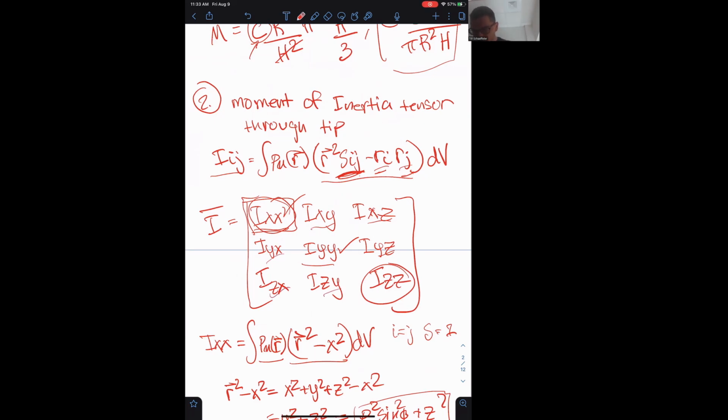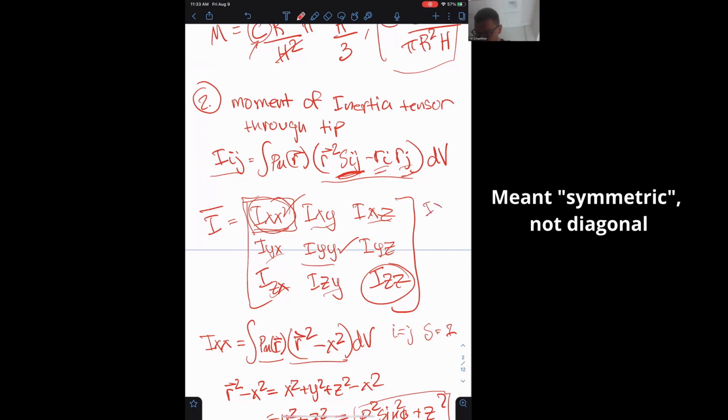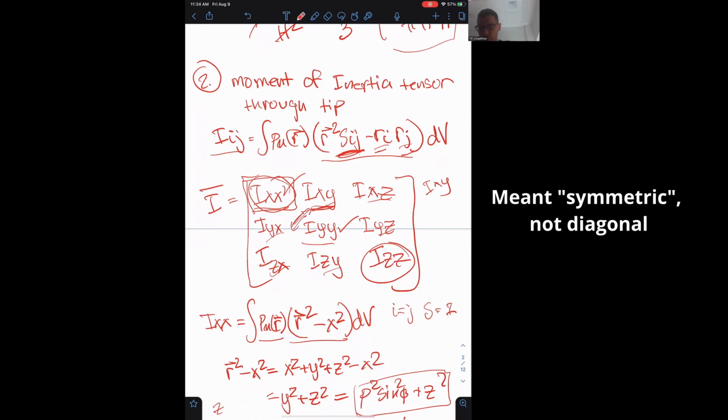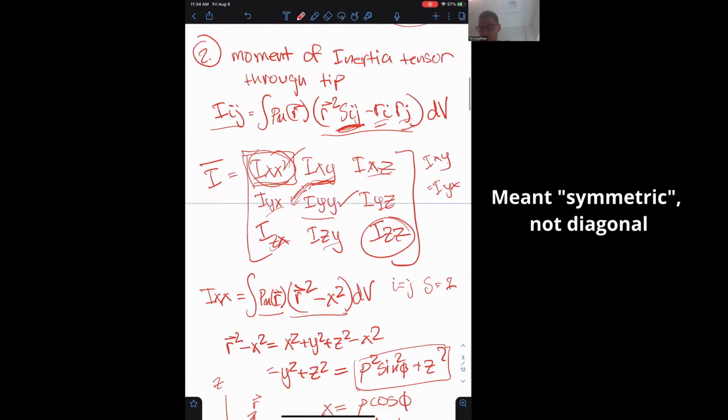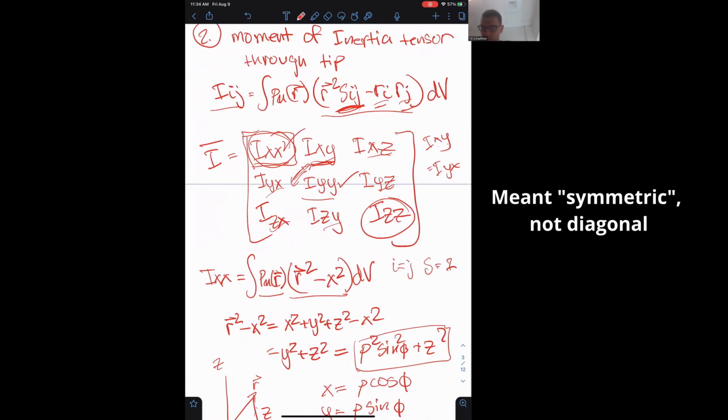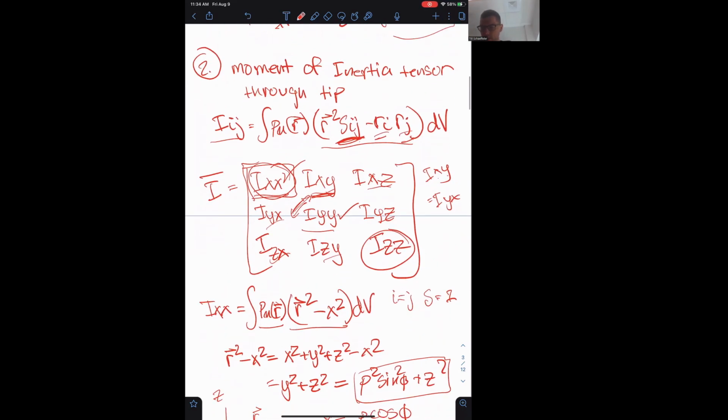But because the moment of inertia tensor is a symmetric matrix, we know that the corresponding off-diagonal elements will be the same. So that means that I_xy is equal to I_yx, and you can see that in the integrals too. Technically we have 6, but really we just have 3, because 2 of them will always be the same.